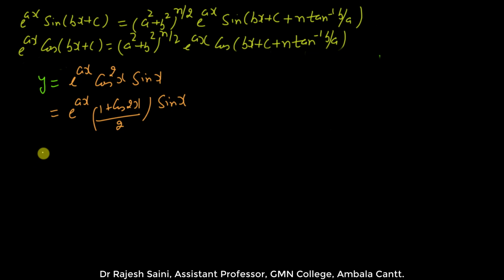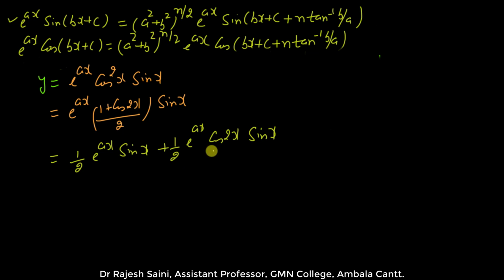Fine. Can we further write it as 1 by 2 e raised to the power ax sin x, and here 1 by 2 e raised to the power ax cos 2x sin x. Here you see we are in a position to use this formula, but here we are still having a product of two trigonometric functions. We can make it by multiplying here by 2 and here by 2.